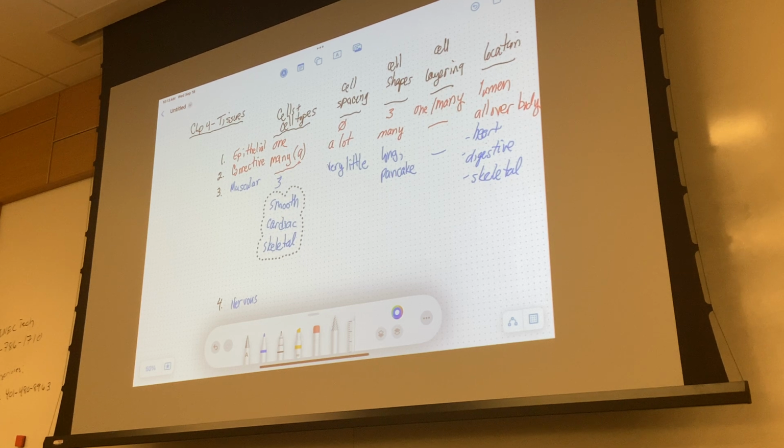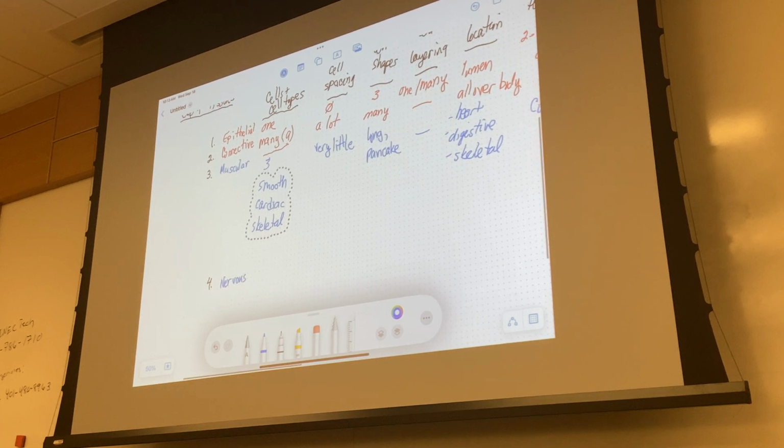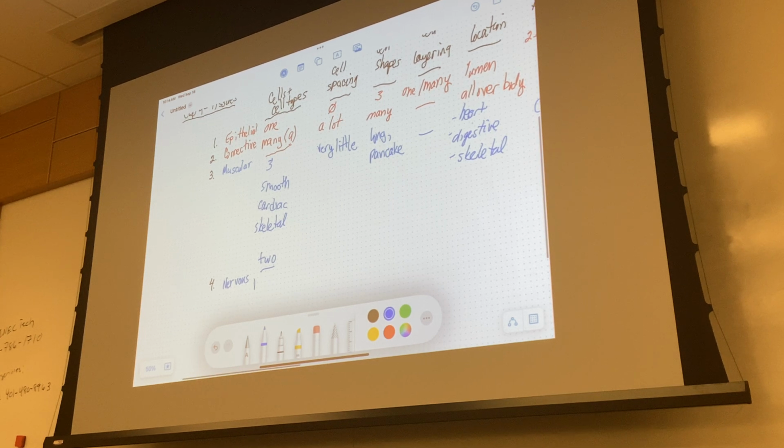All right. In terms of nervous tissue, we have two types of cells. Does anyone know what they are? What type of cell is found in nervous tissue? Neurons, and what else? Isn't it like ganglions?